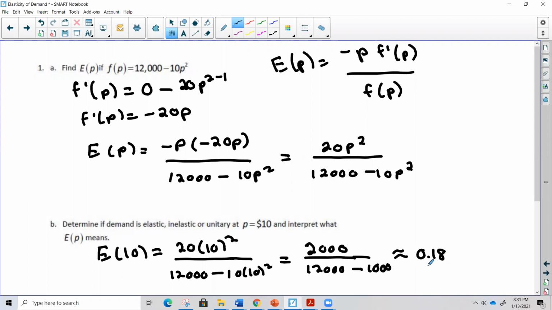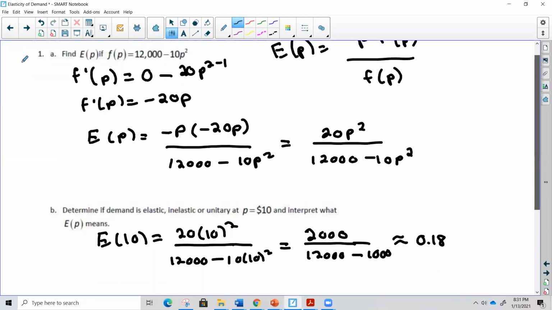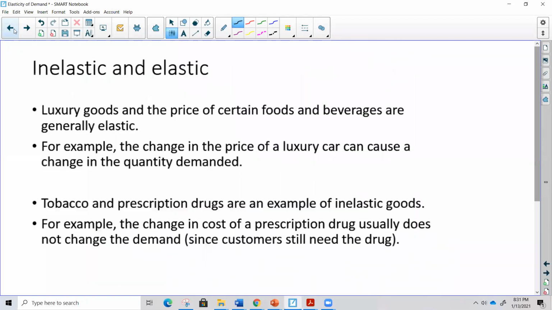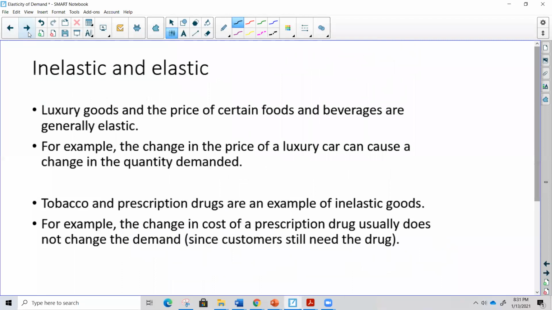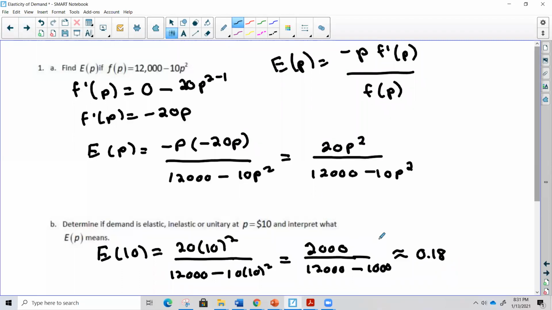And so remember, when we're talking about elastic or inelastic, we always compare it to 1. So I'm really using this idea to see if it's less than 1, greater than 1, or equal to 1 to figure out if it's inelastic, elastic, or unitary. So 0.18 is less than 1.